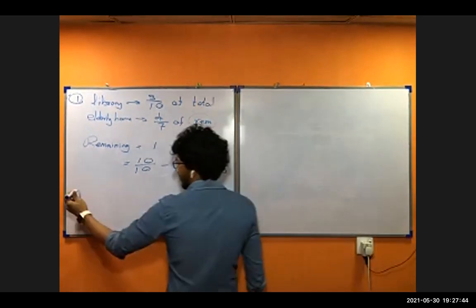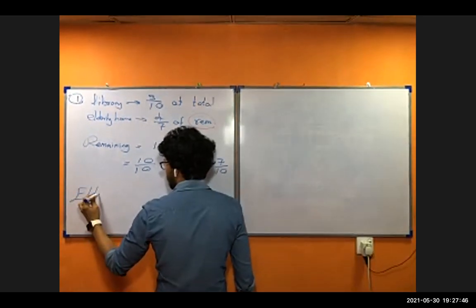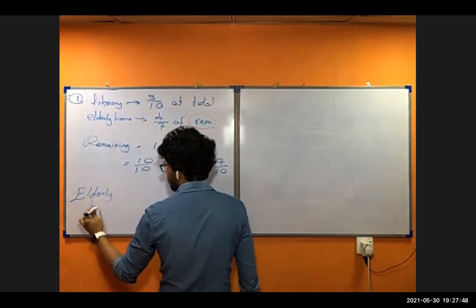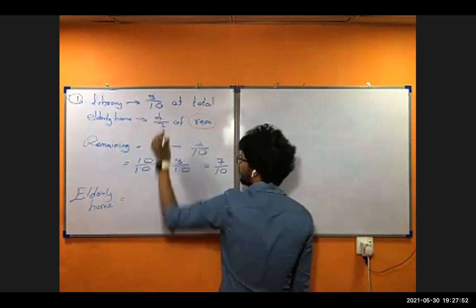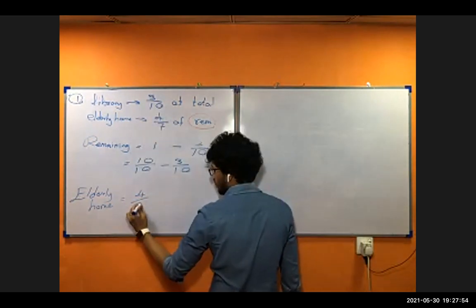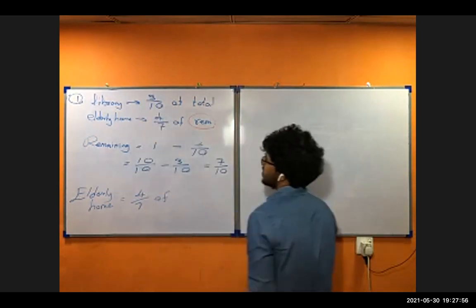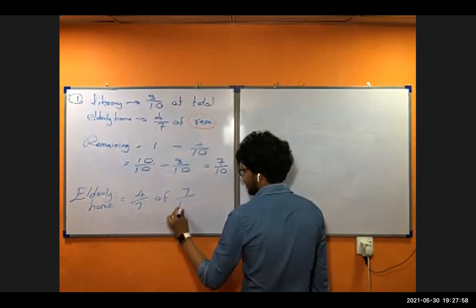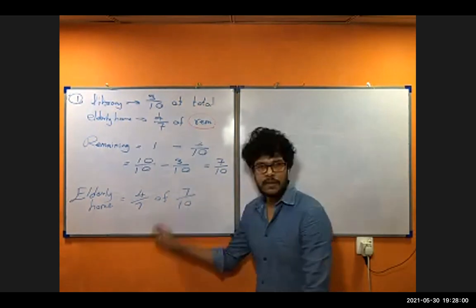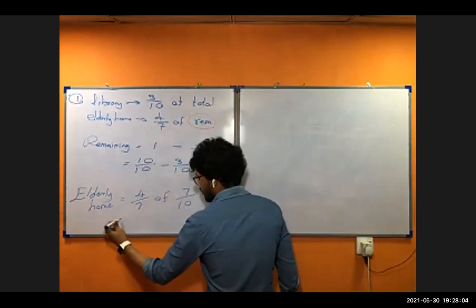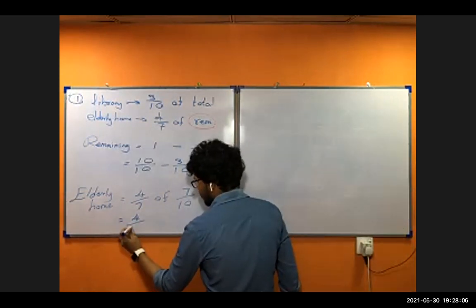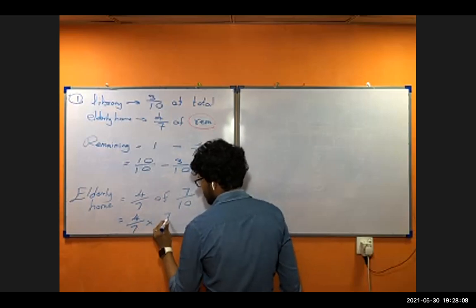If you want to find how much she gave to the elderly home, you can say 4/7 of 7/10. So I already told you, if it is "of", you can substitute with multiplication.